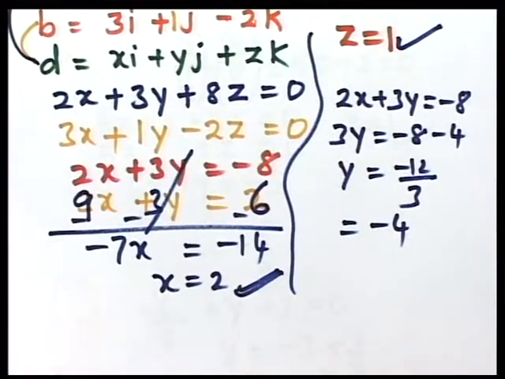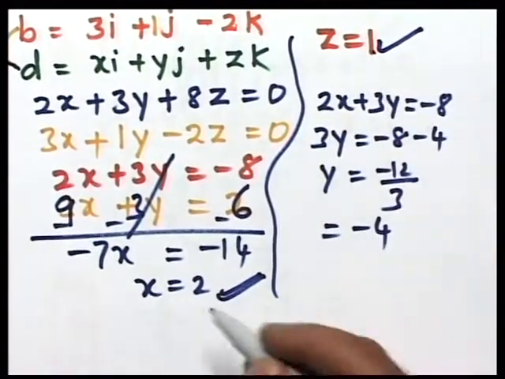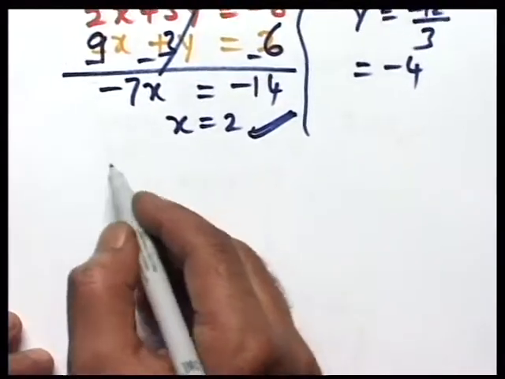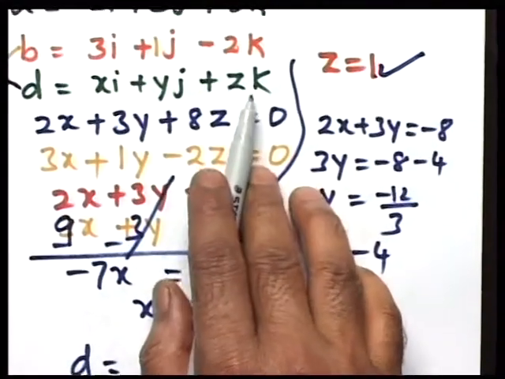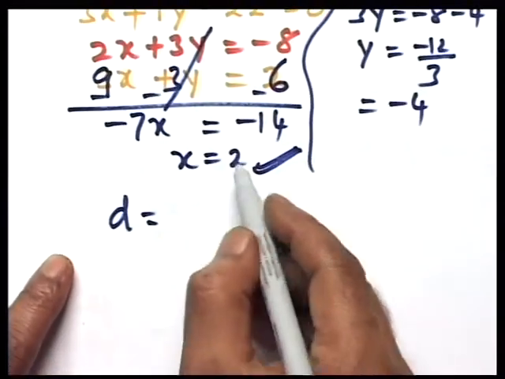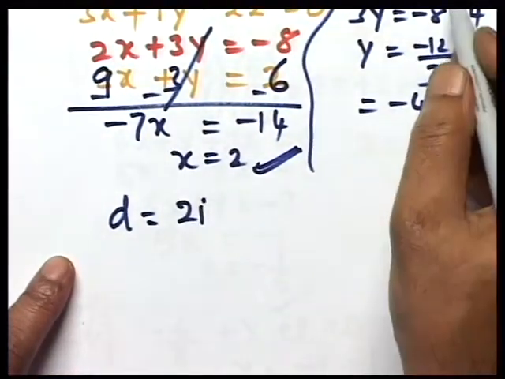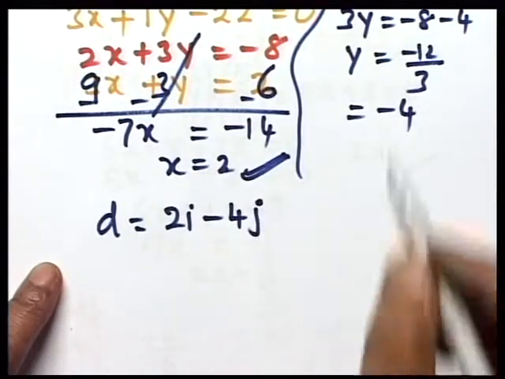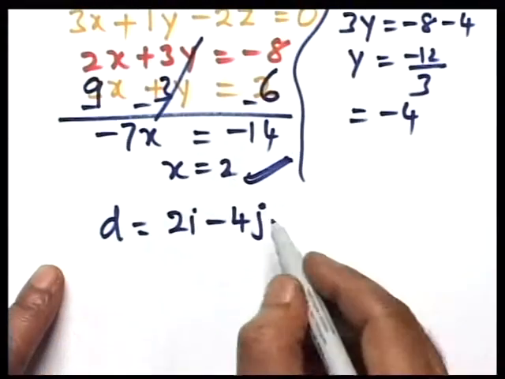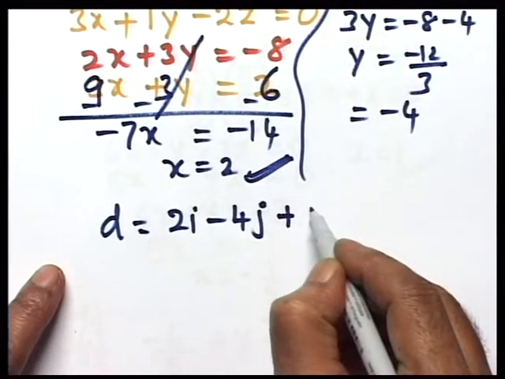What a lovely answer. We got all whole numbers. So the D vector is xi plus yj plus zk. So this is 2i and y was minus 4, so minus 4j and z is 1, which we chose. So it's a plus k.